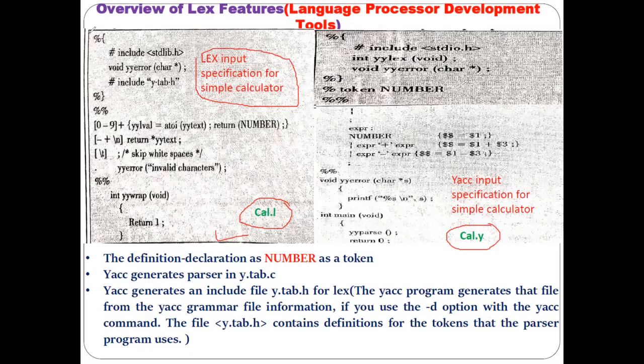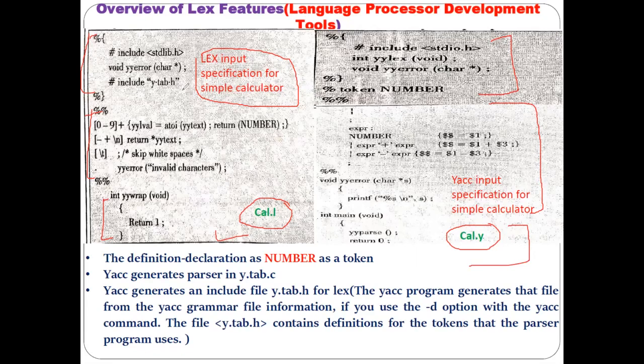As I said, it consists of three sections: the declaration section, then the rule section, and auxiliary functions. Here also you can see the declaration section, rule section, and auxiliary functions. Let's understand what each section contains.